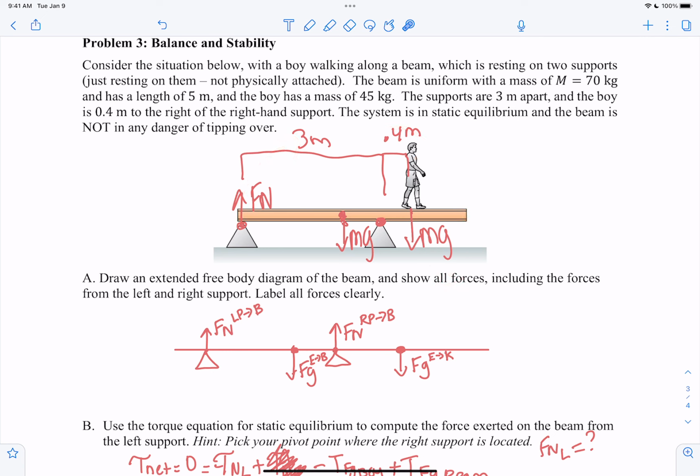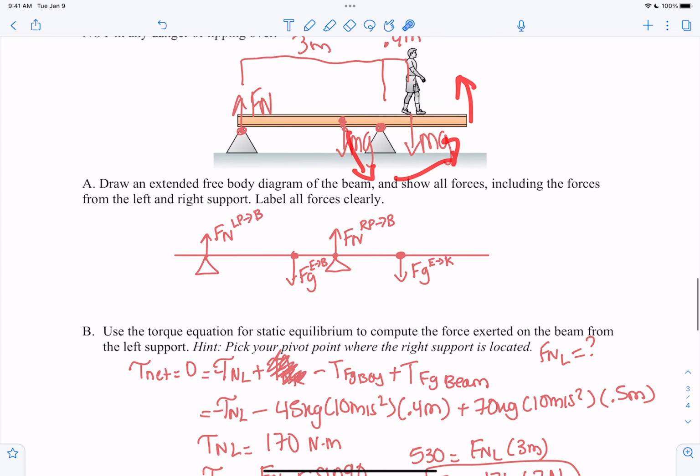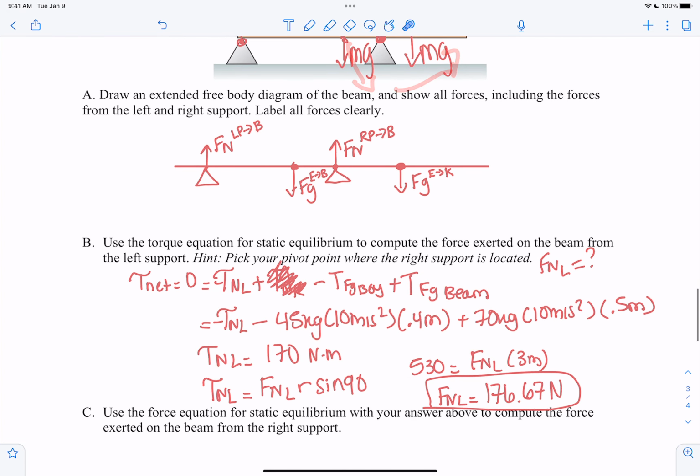So clockwise, this is clockwise still, but then this, right? So I imagine if you were to let go of everything else and allow this force here to kind of take over and tip, it would kind of go this way. And then that would be clockwise as well. So that's negative. So negative for the beam.